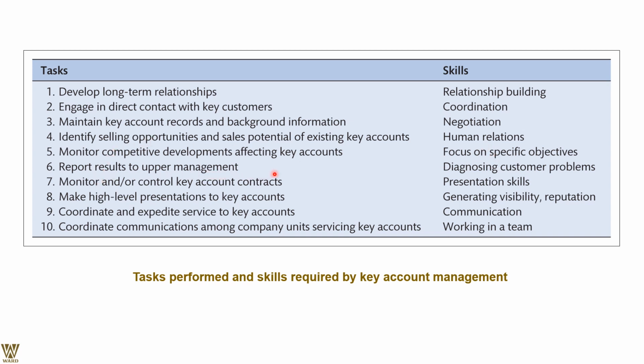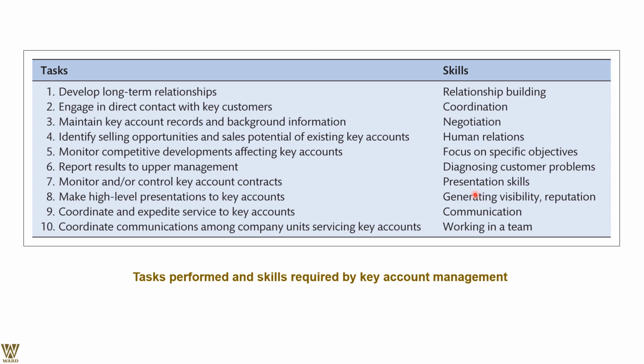Definitely, key account management is trying to address the customer's problem, trying to diagnose it, trying to preempt it altogether. Monitoring or controlling key contacts is all about your presentation skills, keeping each other in the loop.